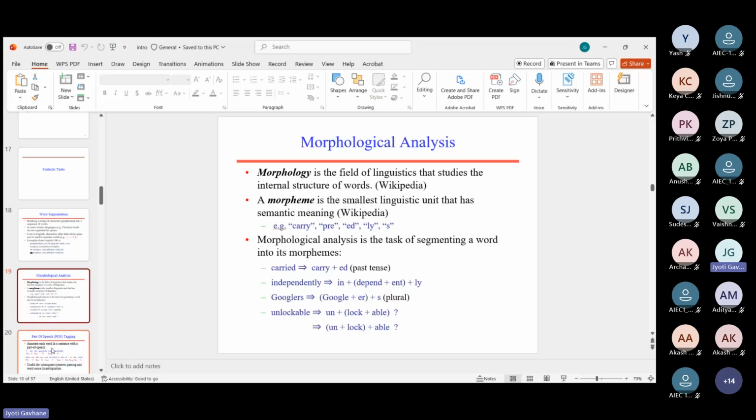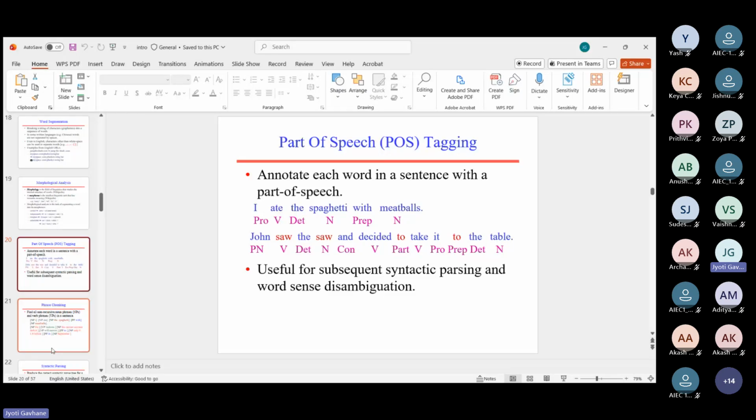After that, the third phase, yet we are in phase 1, that is syntactic analysis. Okay, don't miss that. In the syntactic analysis, first task is word segmentation, second task is morphological analysis. Third, which is very important, we had discussed this yesterday, that is part of speech. This is useful for subsequent syntactic parsing and word sense disambiguation.